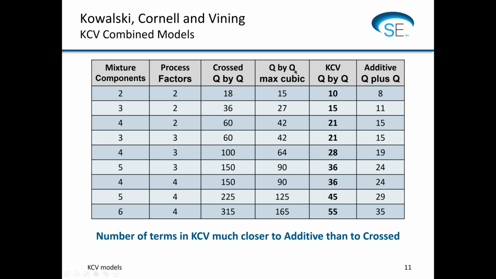So if we did a quadratic by quadratic, but we only kept up to 3rd order terms, that would be what we'd typically fit with the cross model. And you can see that really reduces, as the number of terms go up, the number of experiments, but it's still many more experiments than what you'd have doing the KCV model. So the KCV model, in terms of number of coefficients, is always much closer to additive than it is to crossed, even if we try to reduce the crossed model.